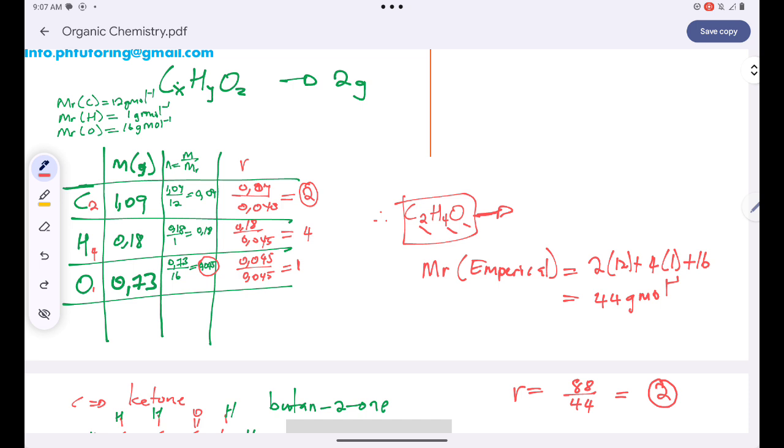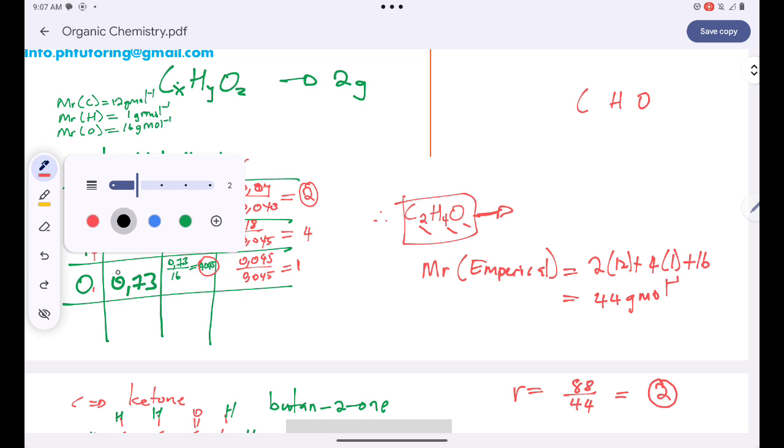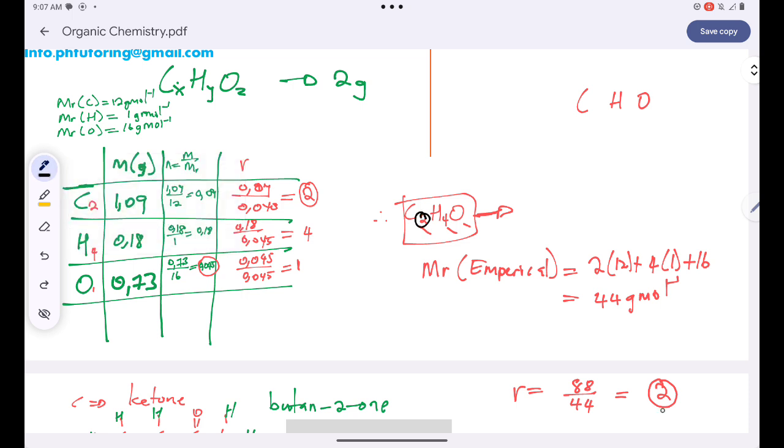So for C, H, and O, my subscripts will be 2 multiplied by that 2, I'll get a 4. Then 4 multiplied by that 2, I'll get an 8. And 1 multiplied by 2, I'll get a 2.